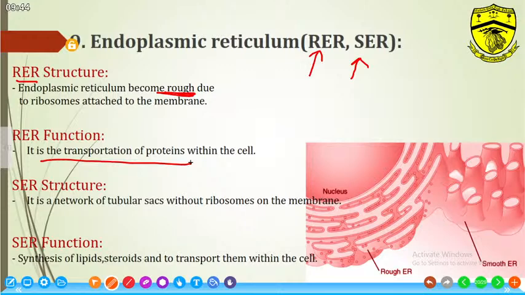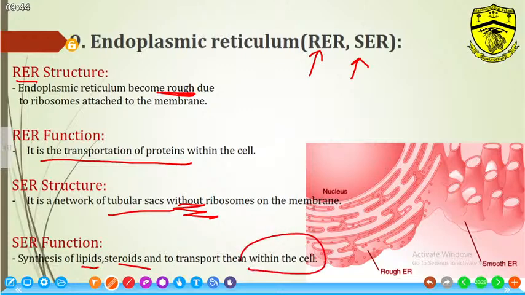Next, this is the smooth endoplasmic reticulum. It is a network of tubular sacs without ribosomes on the membrane. The function of the smooth endoplasmic reticulum is to synthesize lipids and steroids and transport them within the cell.